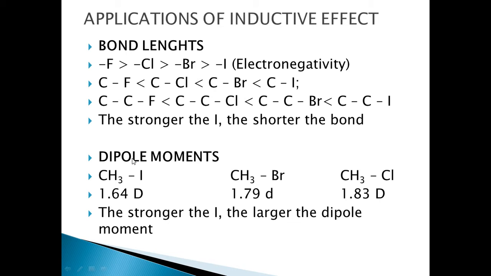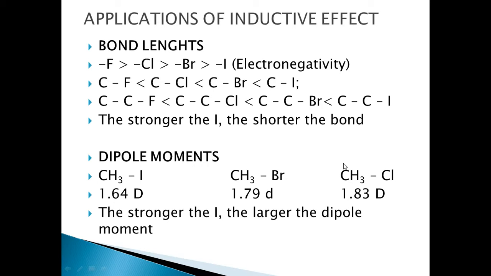Another effect of inductive effect is dipole moments. To illustrate this, we also use the halogens. Here we are using the molecules iodomethane, bromomethane, and chloromethane. We already know that chlorine among these three is the most electronegative and will exert the strongest inductive effect.